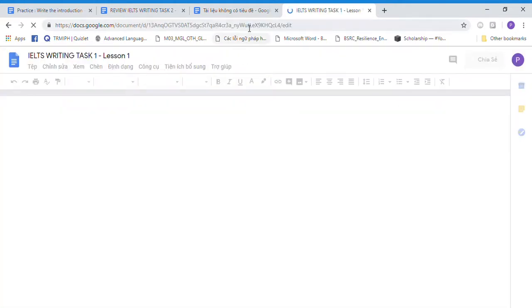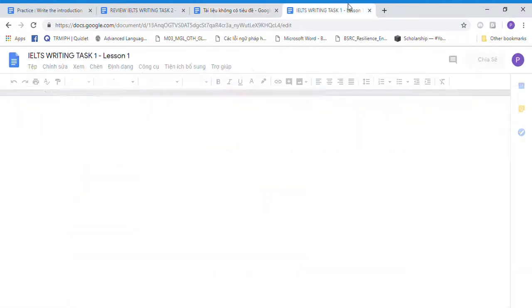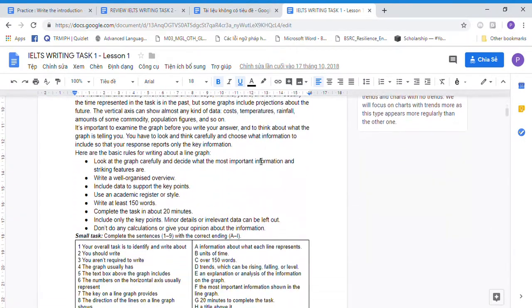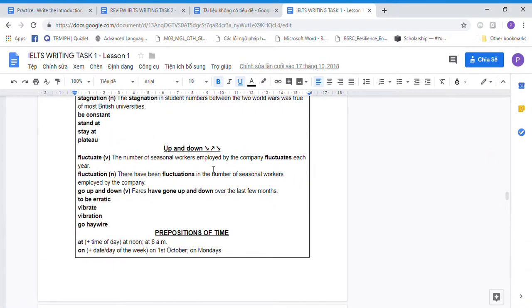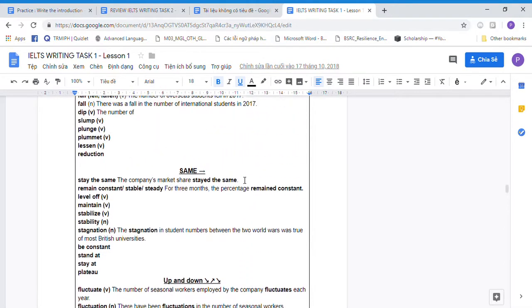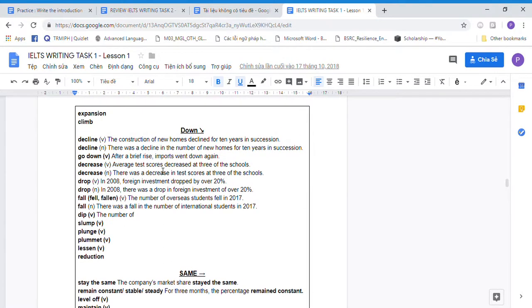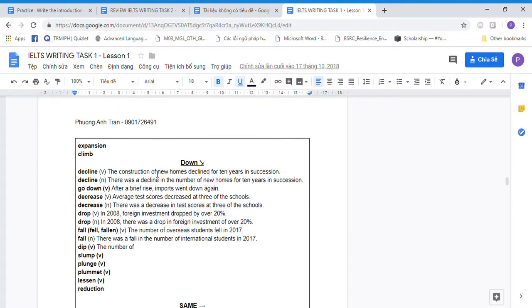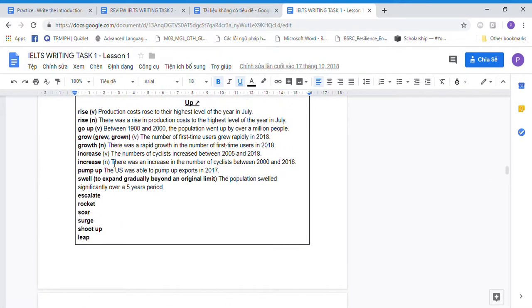This type of paraphrasing technique is used especially in IELTS writing task 1 and especially in the line graphs section. So for example, we can use this word grow.